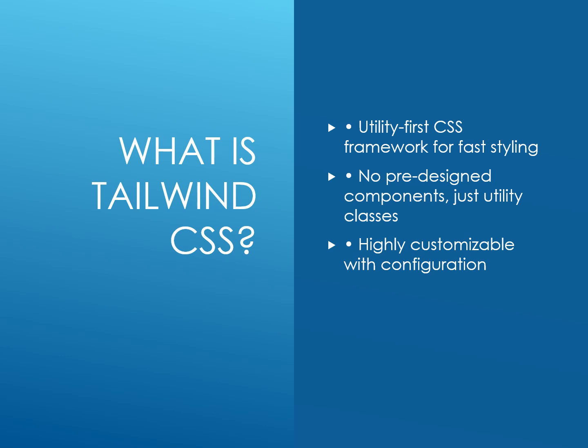So the rules of styles are simply the same as cascading style sheets CSS. And it is highly customizable with configuration. Means you can also customize it when you need to in the configuration file.